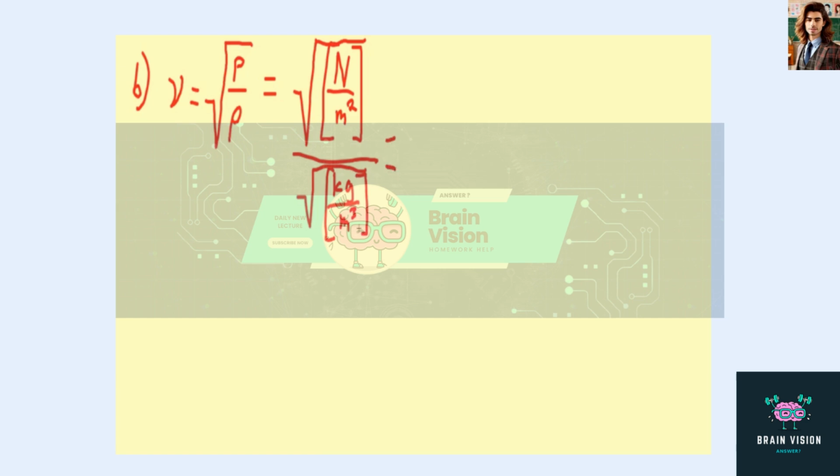So what do we got here? Well, we've got this meters squared, this meters cubed. So if we're careful with our dimensional analysis, we can cancel that meter squared, and we're just left with this meter here. So this is square root of newton meters over kilogram.